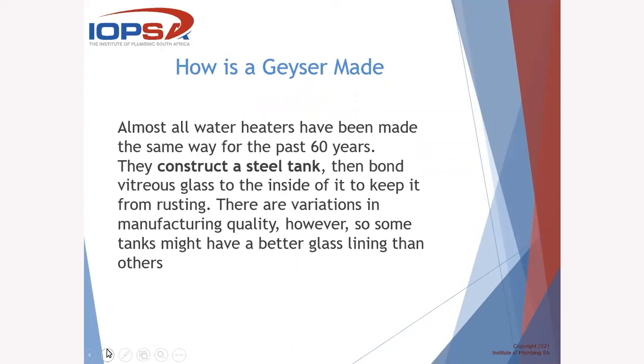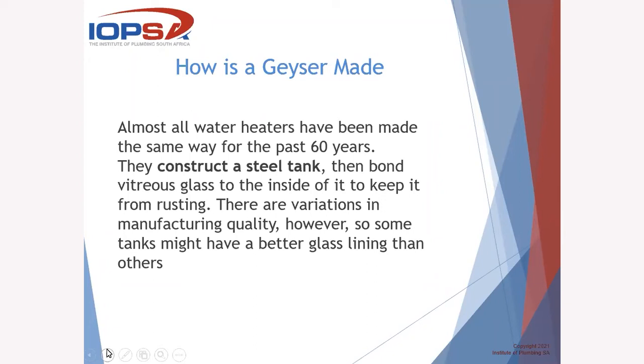So how's a geyser made? First of all, we all know it's a steel tank, a metal tank, and then they bond it. In other words, they spray it on the inside with a vitreous glass lining to keep it from rusting, and that is the barrier. There are variations in manufacturing quality. Some tanks might have a better glass lining than others. It just happens like that.